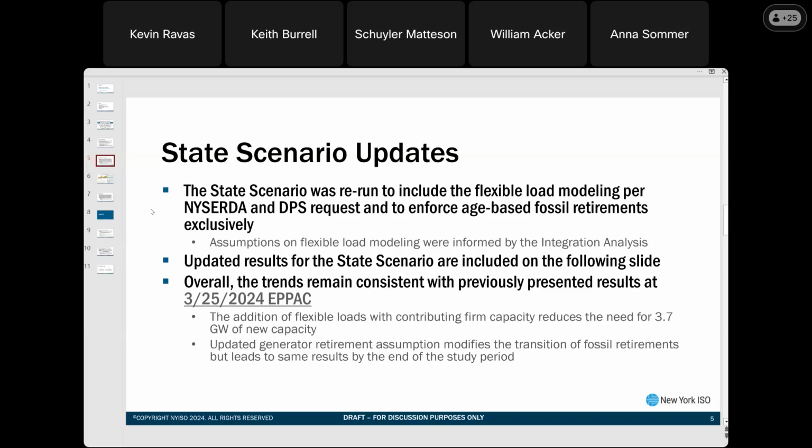You're definitely right about the headroom piece. On the copper sheet, I would clarify that we have interface limits modeled. So like Central East, Dysinger East, and the large interzonal limits are modeled, but they're fixed. They don't expand over time.